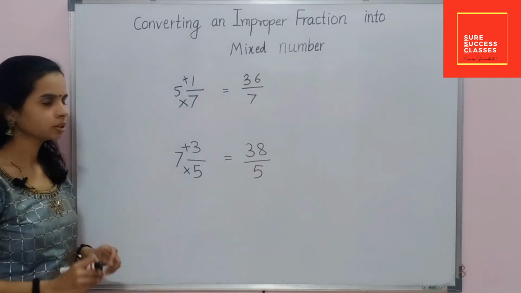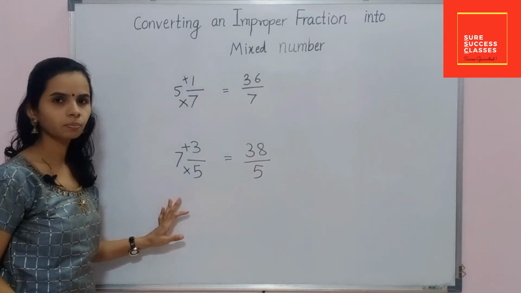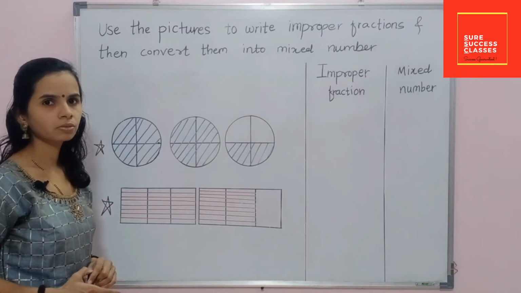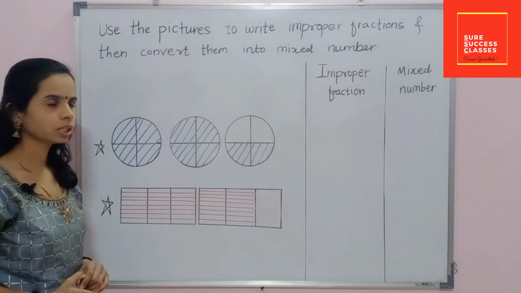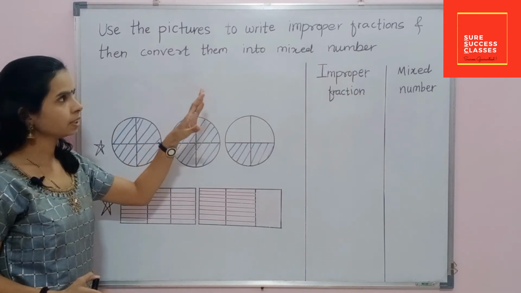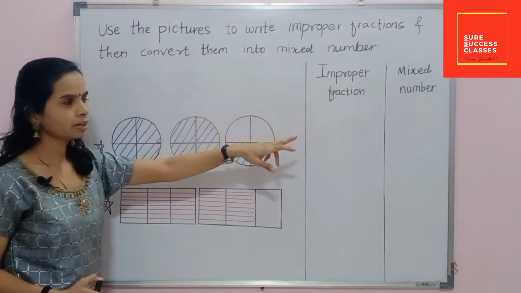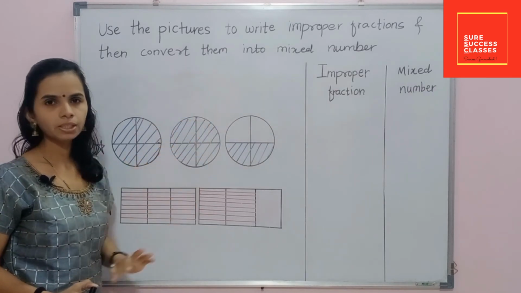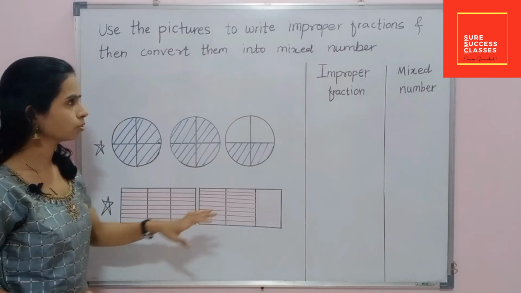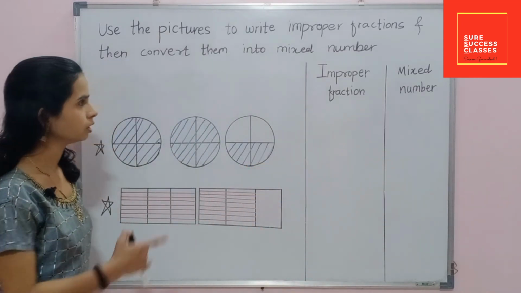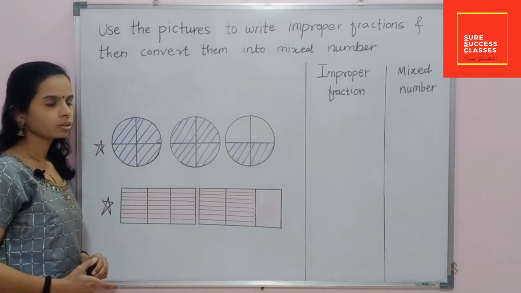This will be the improper fraction for this mixed number. Let us revise this session with this question. The question is that use the pictures to write improper fractions and then convert them into mixed number. First we have to write here improper fraction and then we will convert it into mixed number.